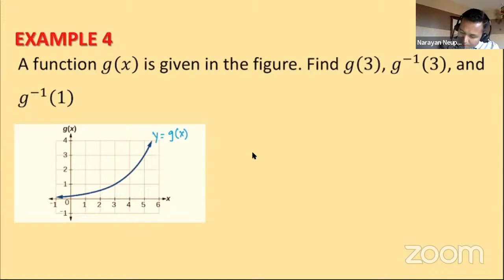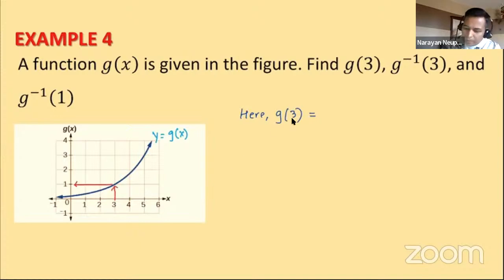The first thing is we want to find g of 3. That means this is a regular function, so the domain, this input, is the x value here. When the input is the x value 3, then the output will be, if you look here, 1.